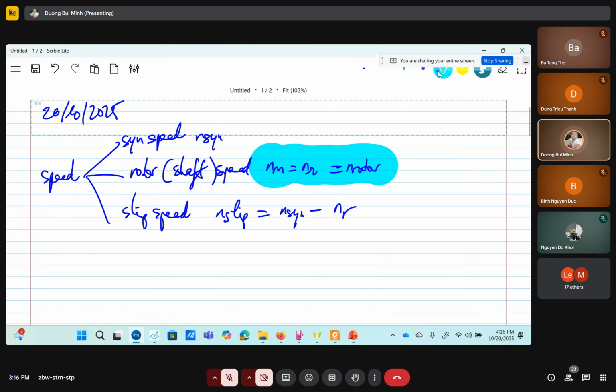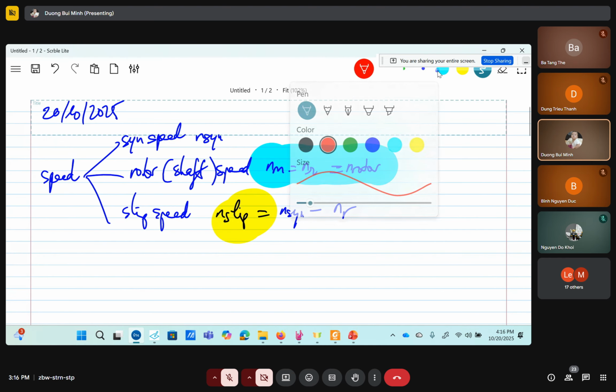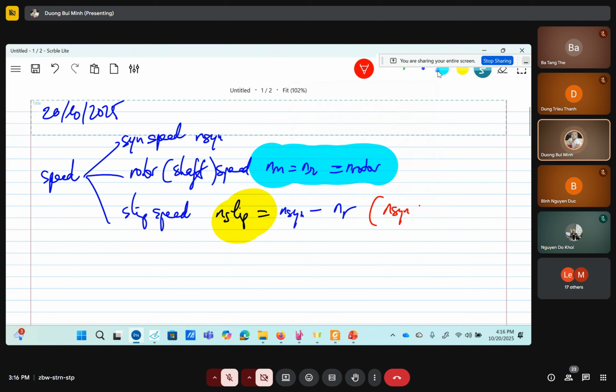That's okay, they have the same meaning. Why do we have the slip here? Because n_sync is different from n_r. So actually we have n_slip. Now we have the formulas.